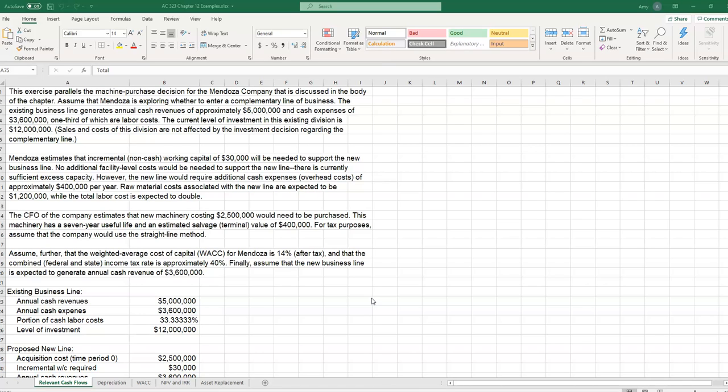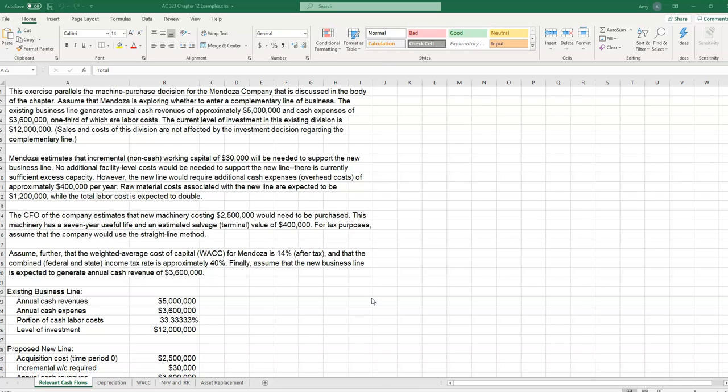We have a lot of information here about a company, and they are looking whether to expand into a new business that has revenues of $5 million and cash expenses of $3.6 million. They have a current level of investment of $12 million. They estimate that working capital of $30,000 will be needed.